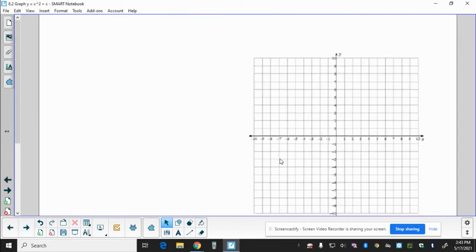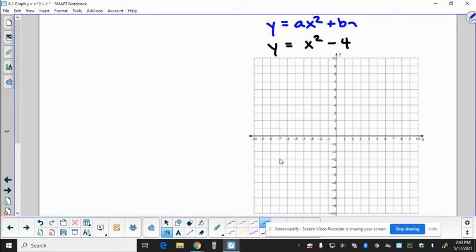All right, so let's go ahead and list an equation. Let's say we have y equals x squared minus 4, for example. Okay, now let's compare this to the standard form of a parabola. And what we're going to notice is that minus 4 is actually c.